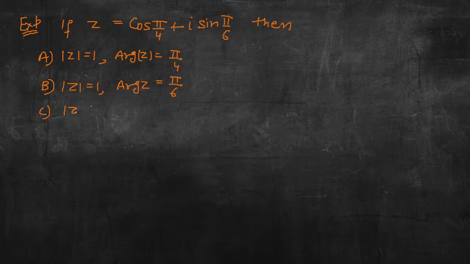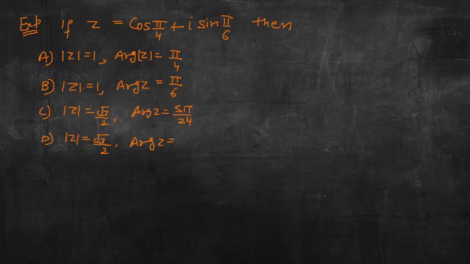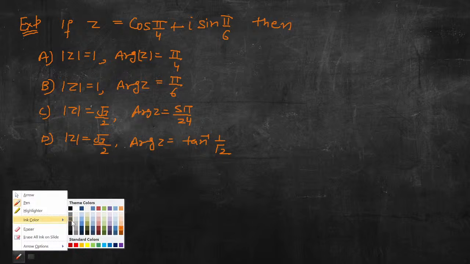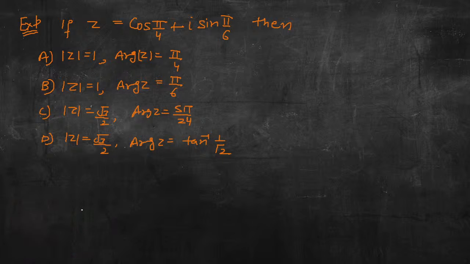Option C: modulus of z is equal to under root 3 by 2 and argument of z is equal to 5 pi by 24. And option D: modulus of z is equal to under root 3 by 2 and argument of z is equal to tangent inverse 1 by root 2. I hope you understand the question and that it is properly visible. Just make a logic and everybody try to solve it. Come on, I am waiting for your reply.